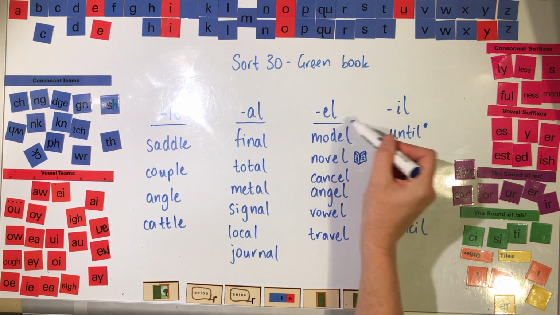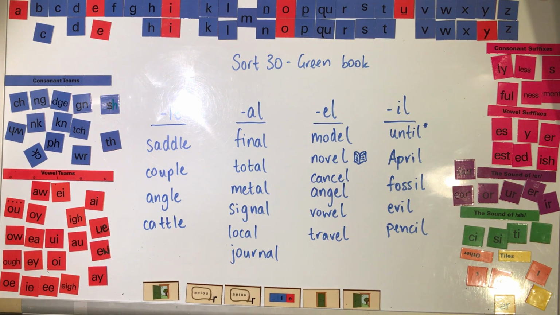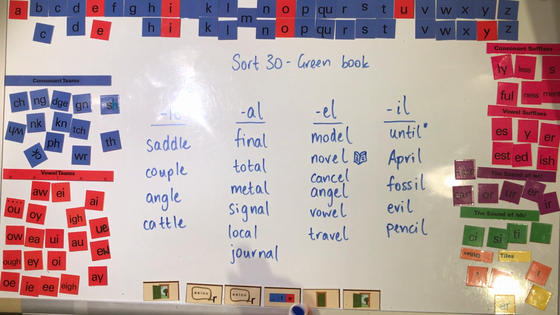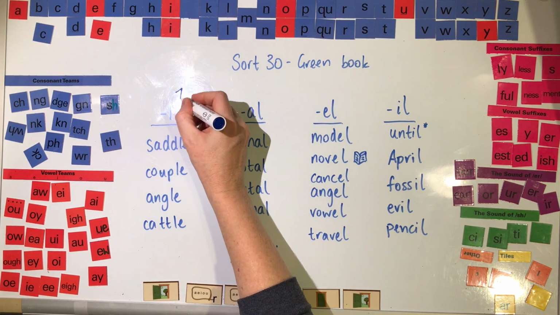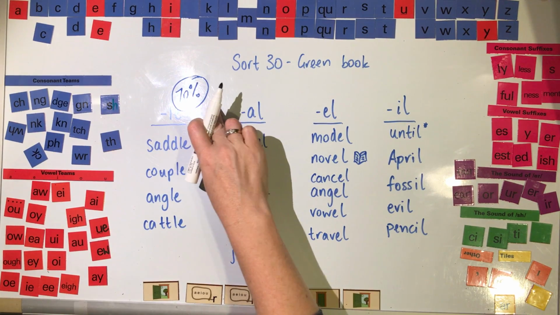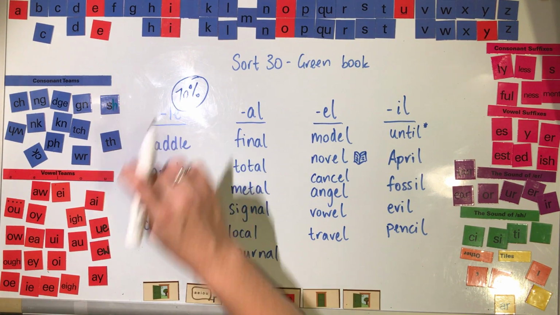So these are our 4 groups of words. Now I said I was going to give you some tips on how you choose, and there's no actual hard and fast rules. What I will say is this LE spelling of the ul sound is the most common, roughly 70% of all words that make the ul sound will be spelt this way.